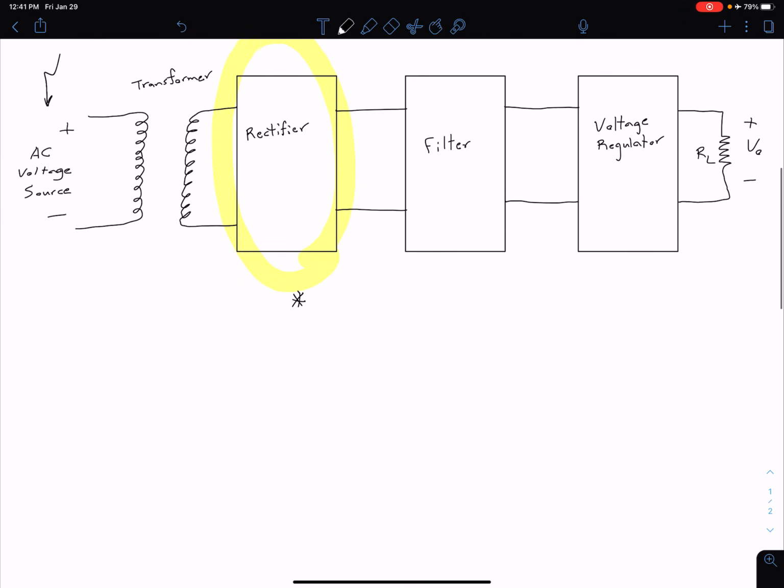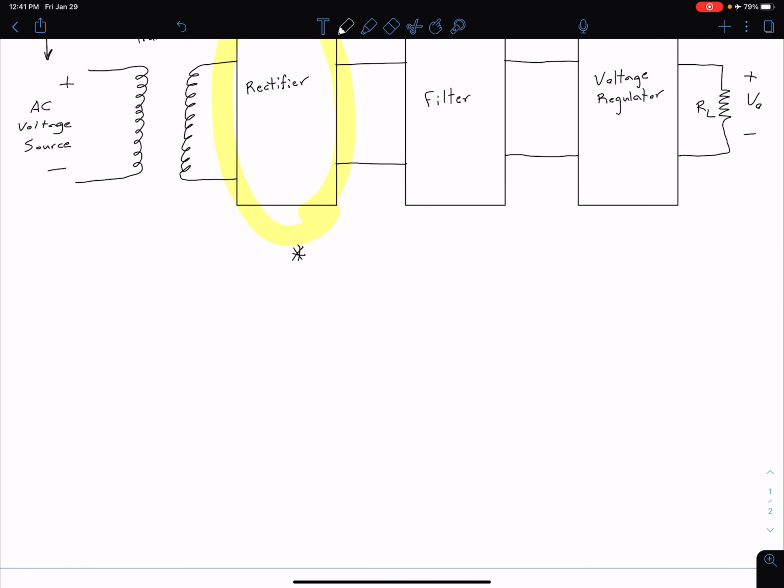And so again, why do we even want to bother with this process of AC to DC conversion? Well, we have AC because that's what's available at our outlet. The reason for that is, of course, it's easier to transform AC voltages with AC transformers. A lot of electric energy is generated by rotating generators, which inherently produce AC voltages.